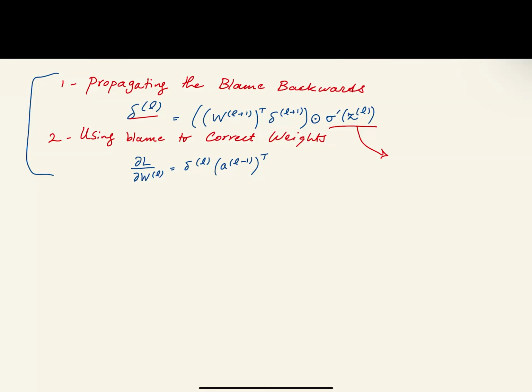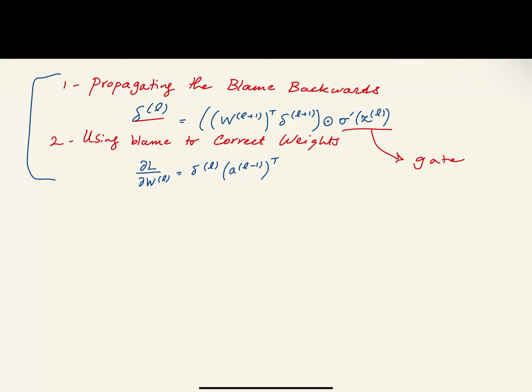In other words, it's like a gate that controls how much gradient is allowed to flow backward through each neuron. So the value of this derivative determines if the gate is open, closed, or somewhere in between. And this gating mechanism is critical for understanding why some activation functions are preferred over others in deep networks.